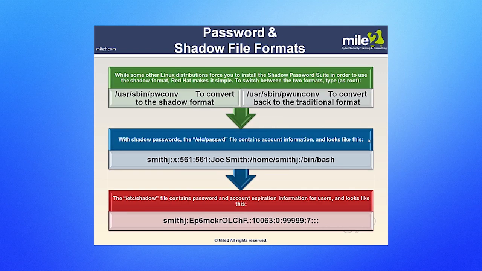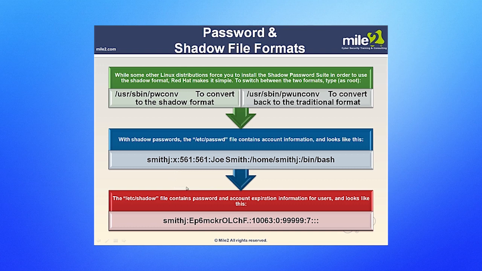Now, each Linux distribution has some differences, but basically you can see you have some control over the shadow formats, and there's some commands that can be put in place with that. But looking at this, they're showing in the middle here, /etc/passwd, and we can see that there's a person, smithj, and we can see his name is Joe Smith, and then we see a little bit about his home folder and so on, but there is an X. This X that is displayed here, right there, is essentially a representation to let us know there is a password, but it's not displayed here.